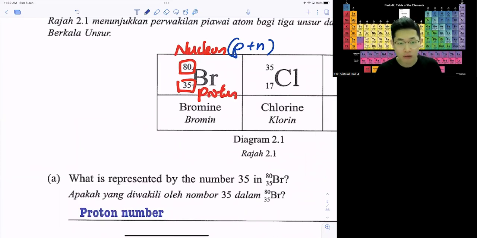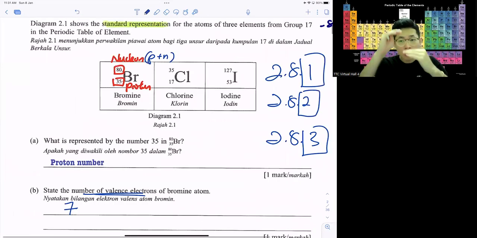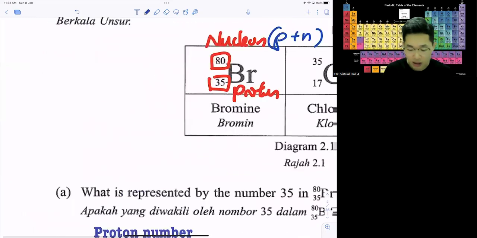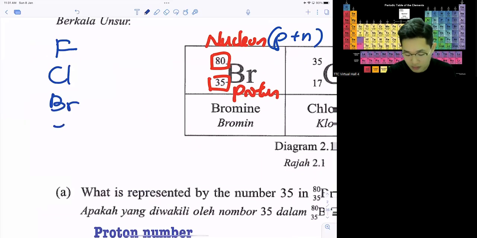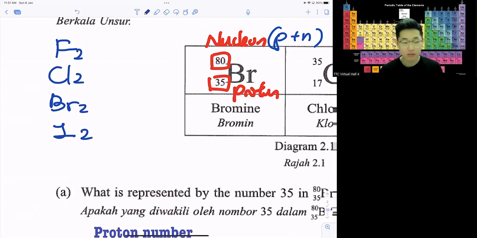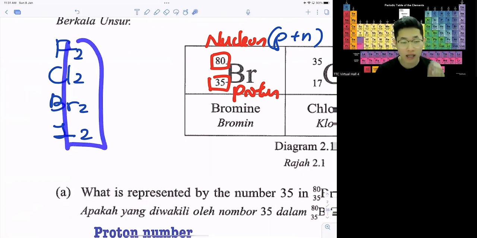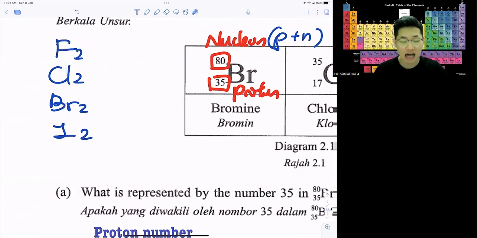If you do not know the correct sequence, please refer to the periodic table given at the back. 你的考卷后面会有给你一个 periodic table 的，你就看它正确的排列 ，OK？So fluorine, chlorine, bromine, iodine. All the fluorine, chlorine, bromine, iodine has 2. Don't forget to write the 2 if they ask for equation.